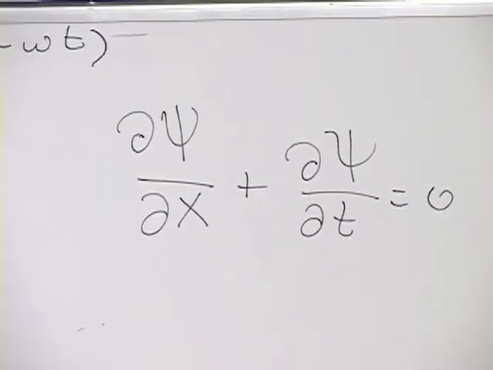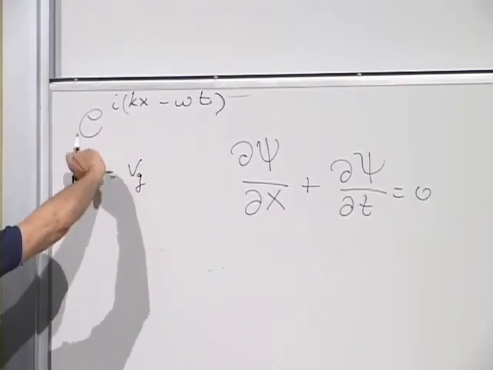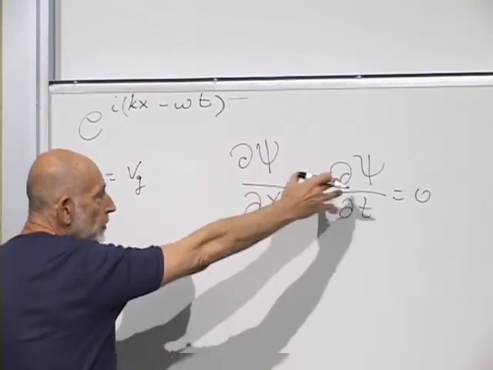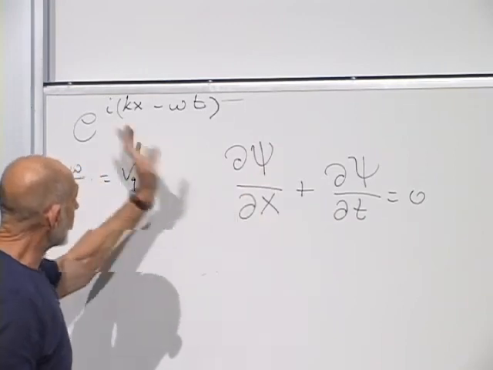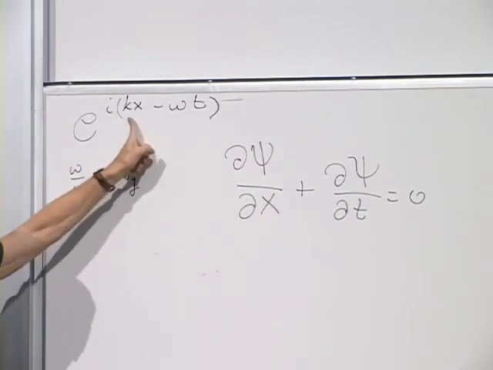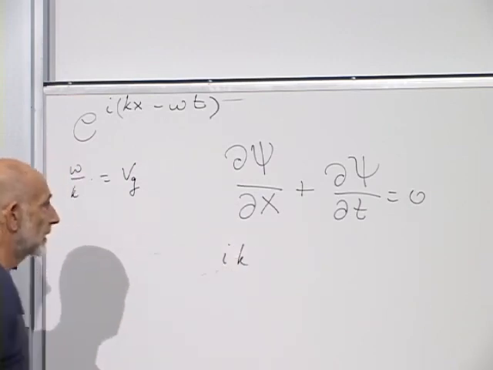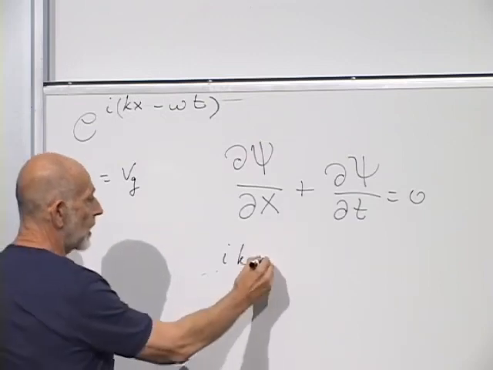The derivative of psi with respect to x will just pull down a factor of ik. If this were the form of psi, we can use this equation to tell us what the relation between k and omega is. Taking a derivative with respect to x pulls down an ik. Taking a derivative with respect to t pulls down a minus i omega.